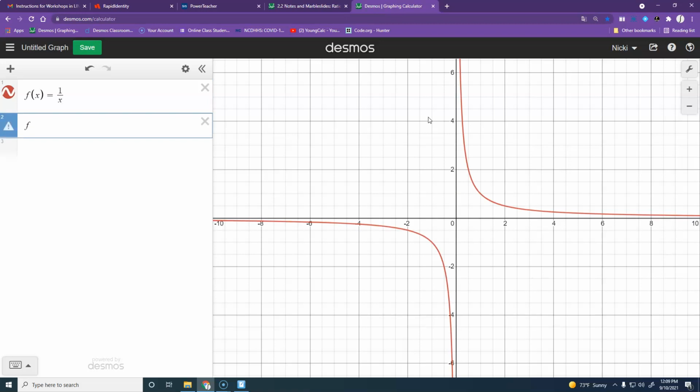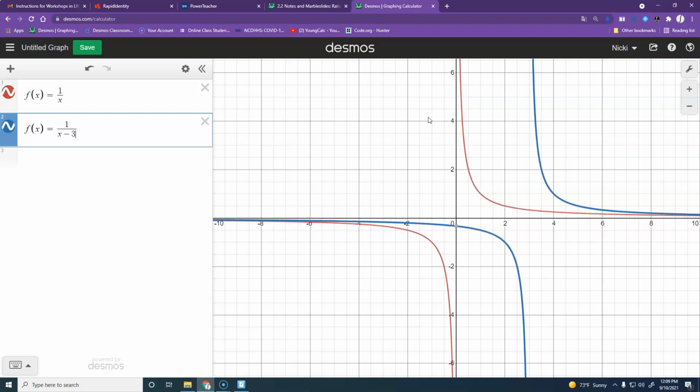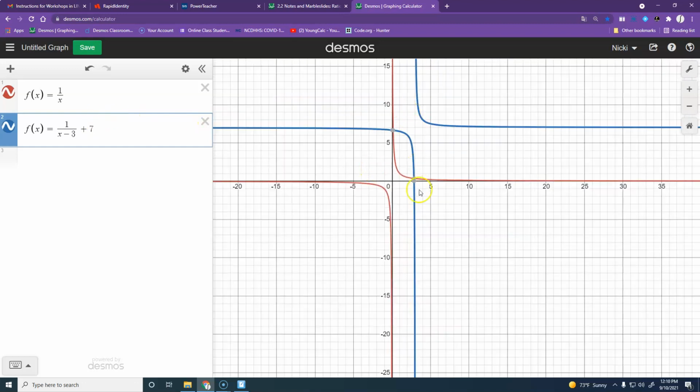If I put that in, oh wait, it was a -3, wasn't it? If I put that -3, it takes this red graph and moves it to the right 3, and then +7 moves it up 7. Let me zoom out here a little bit.